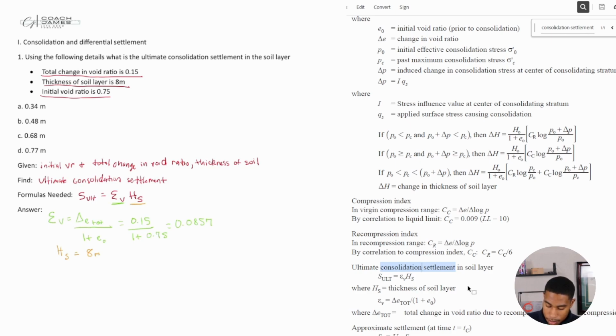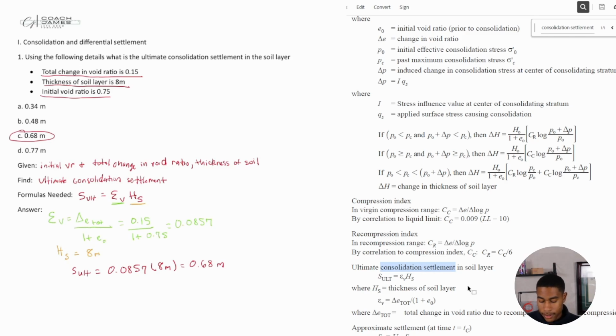So I'm just going to plug and chug now. S_ult is equal to EV times HS, which is 0.0857 times my 8 meters, which is equal to 0.68 meters, or C.